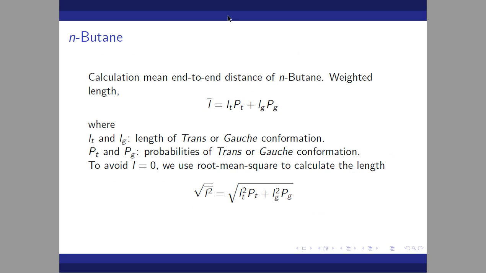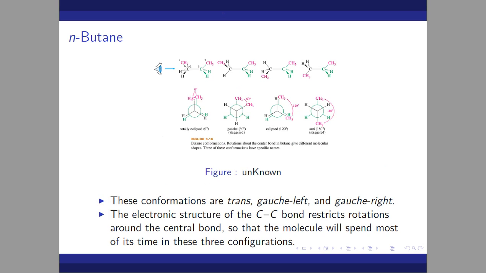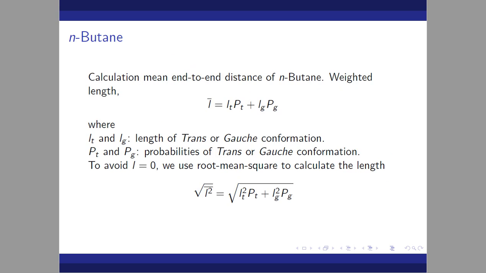If we calculate the mean end-to-end distance of N-butane, if we want to calculate this length between this C and C, we know that L bar equals L trans P trans plus L gauche P gauche, where L trans and L gauche are the lengths of the trans and gauche conformations, the distance between C and C, and P trans and P gauche are the probabilities of the trans and gauche conformations.